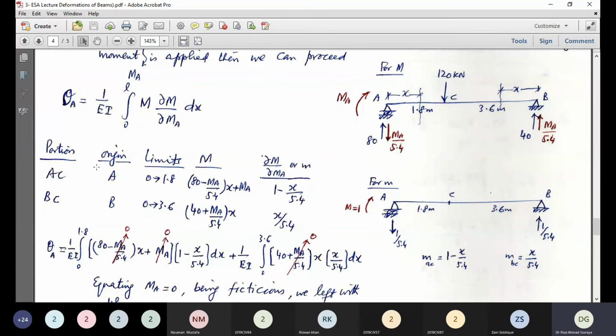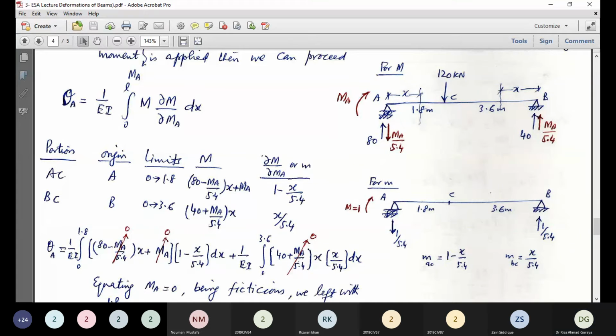So again, we have two portions. Portion AC with same origin, same limits, but the value of the moment expression will change. It will be 80 minus MA over 5.4 into X, plus MA.